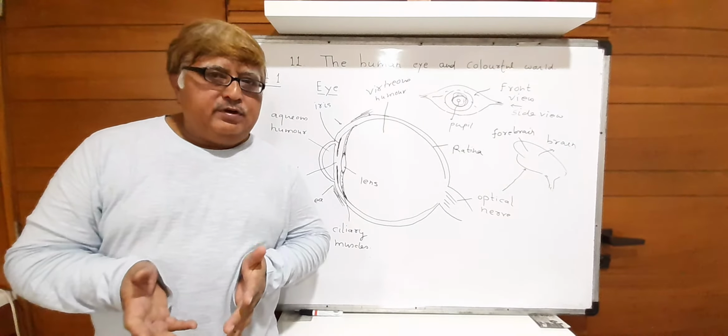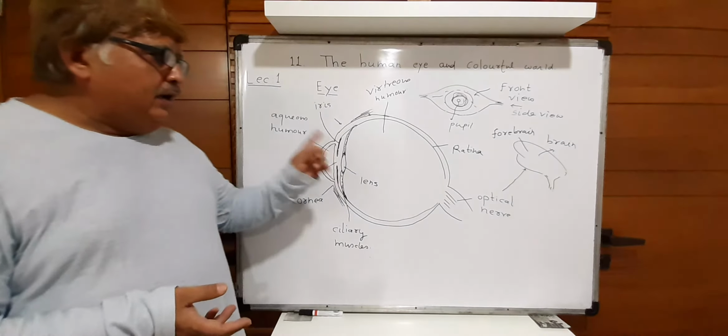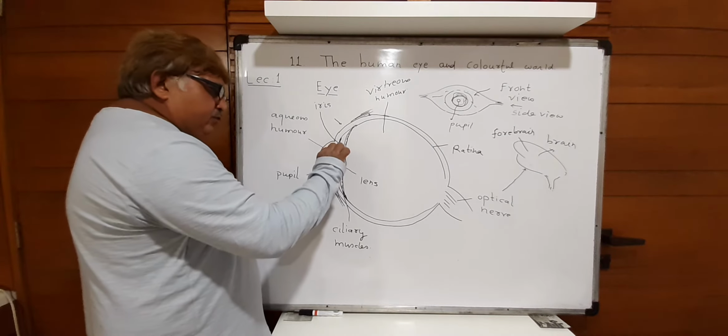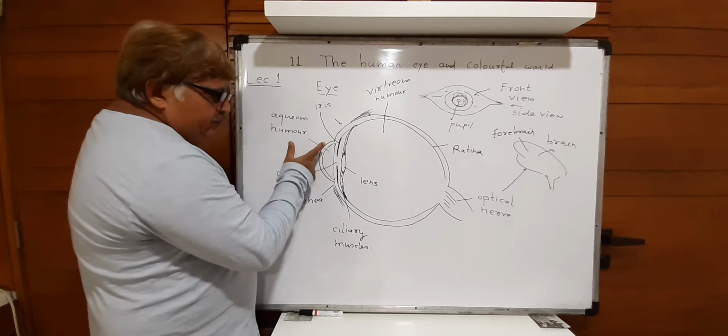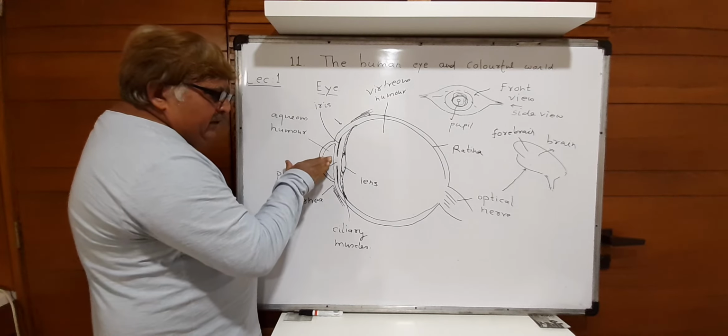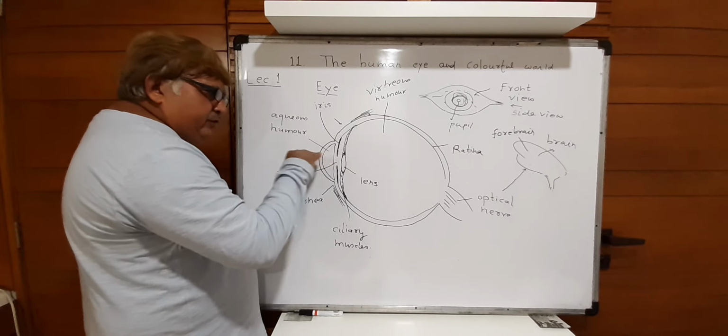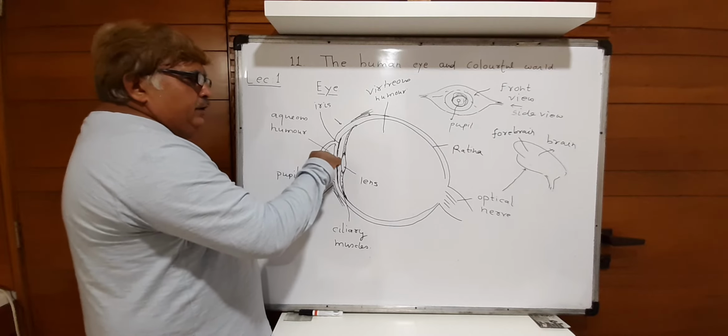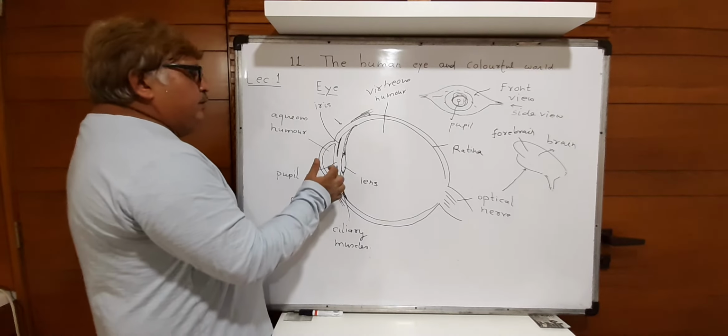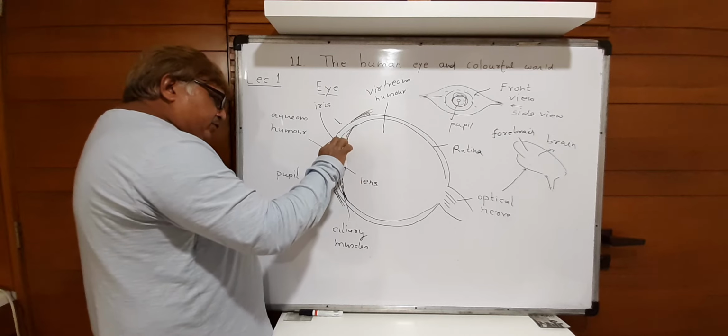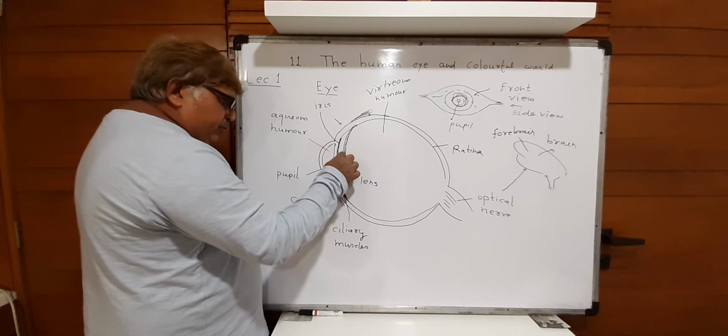It can damage our retina. That's why the function of the iris is to control the size of the pupil and allow only a sufficient amount of light to fall on our lens. So you understood the function of the iris and pupil.